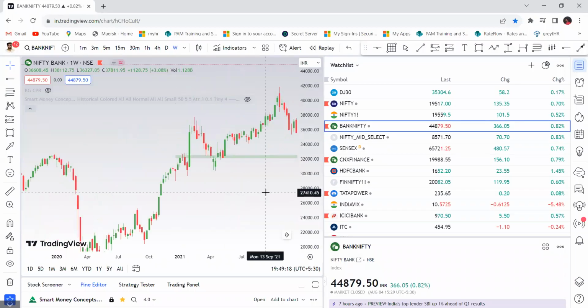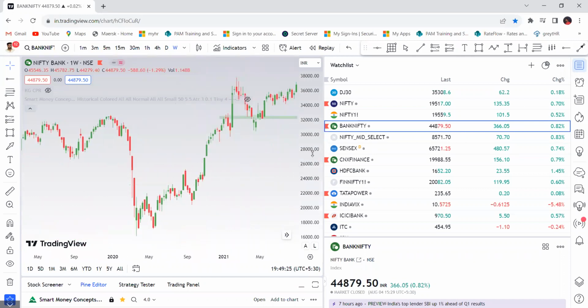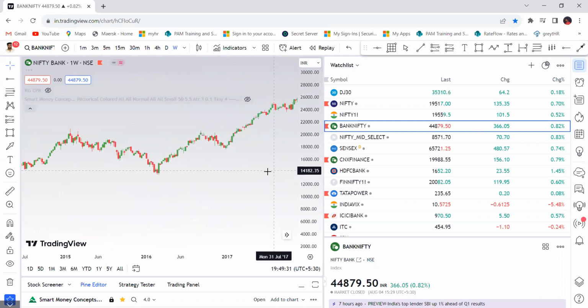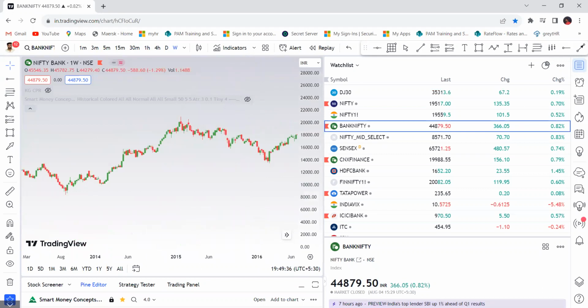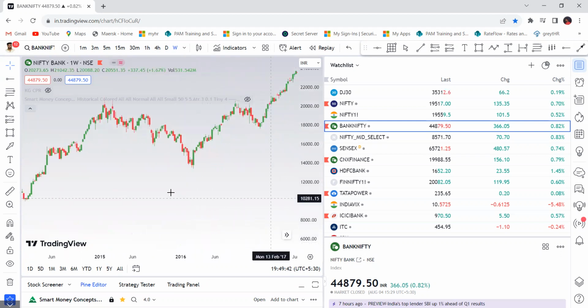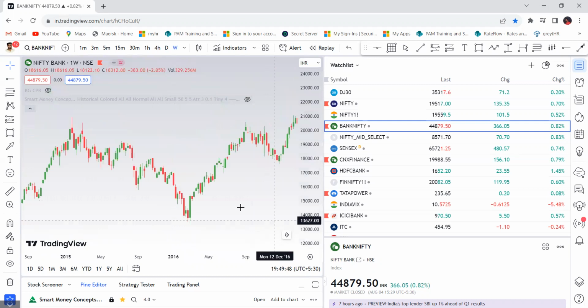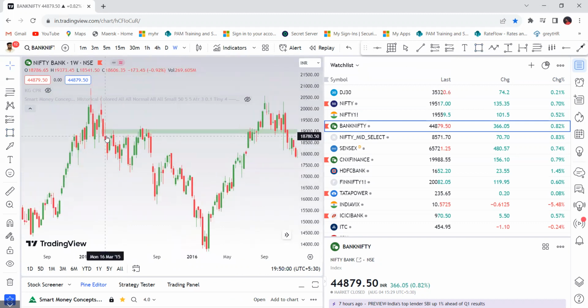Where do we have a hanging man? As you can see, price got rejected multiple times.